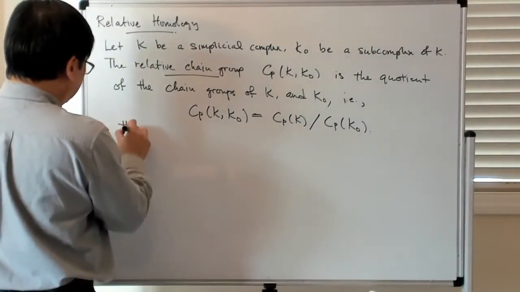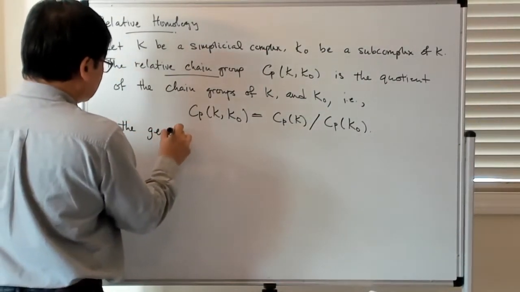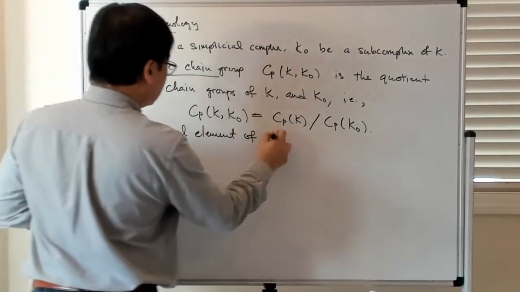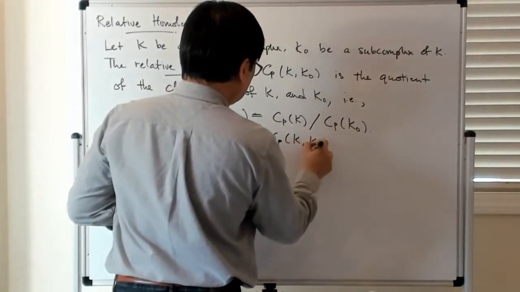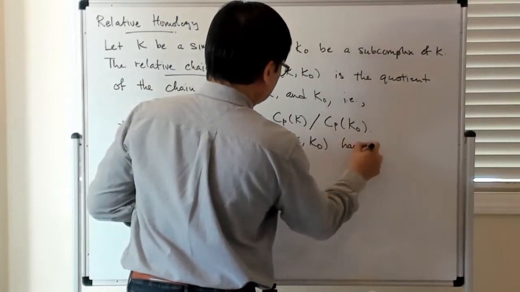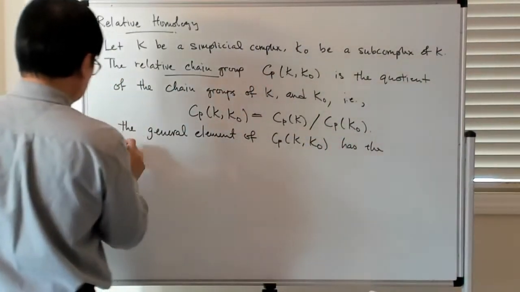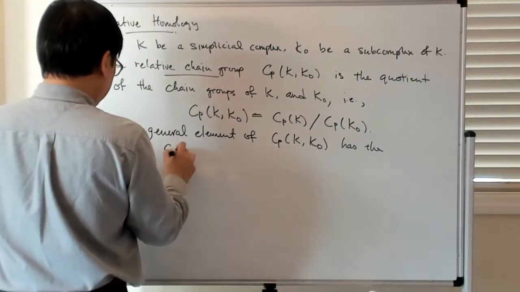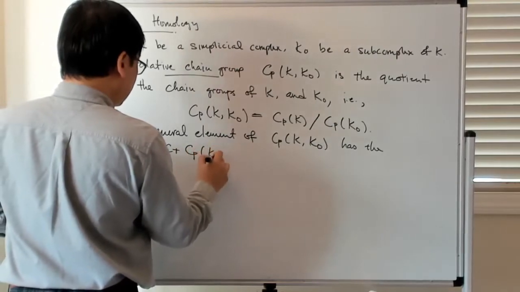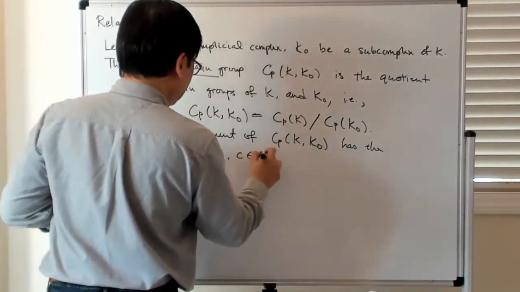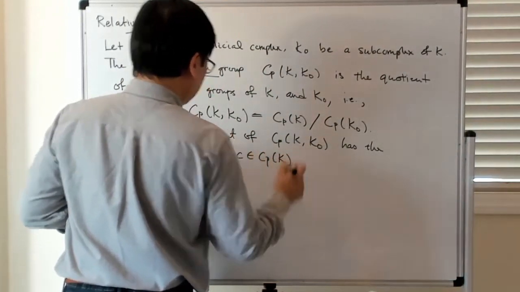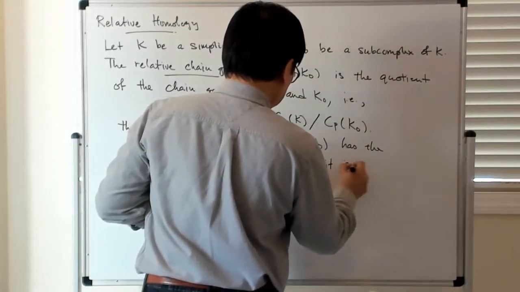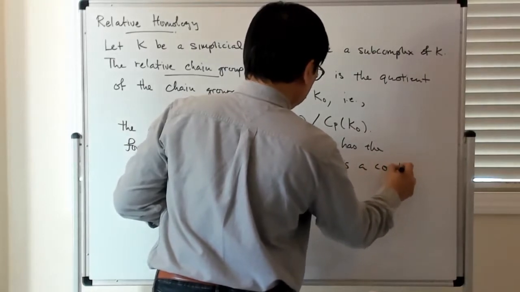So the general element of C_p(K, K0) has the form c + C_p(K0), where c is an element of C_p(K). So it is a coset.